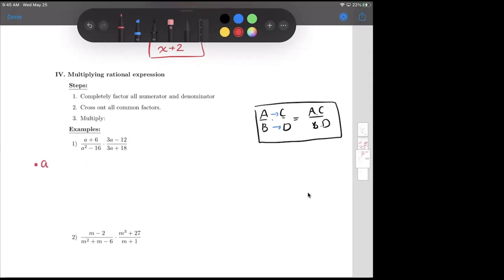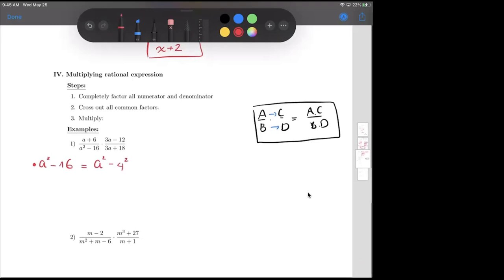A plus 6 is the same, I'm not going to write it because there's nothing I can do. What about A squared minus 16? Well, A squared minus 16 is the same thing as A squared minus 4 squared, which is equal to A minus 4 times A plus 4, or A plus 4 times A minus 4, doesn't matter.